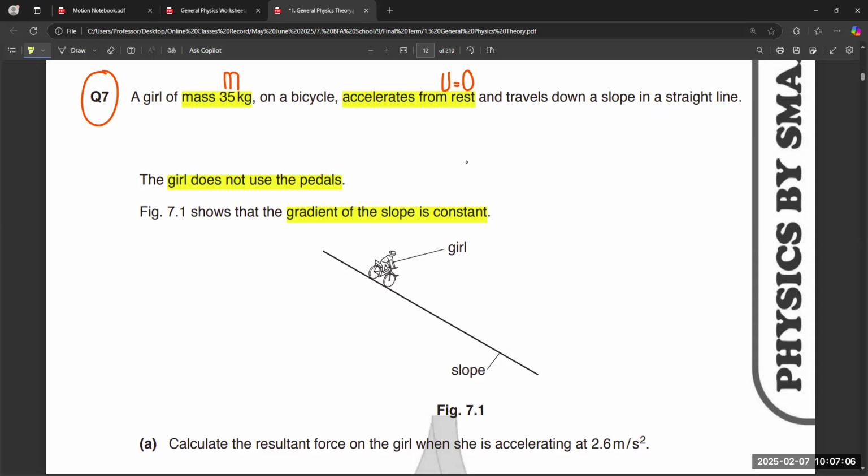Now calculate the resultant force on the girl when she is accelerating at this acceleration value. So how to find out resultant force? Acceleration is given, mass is given, F is unknown.